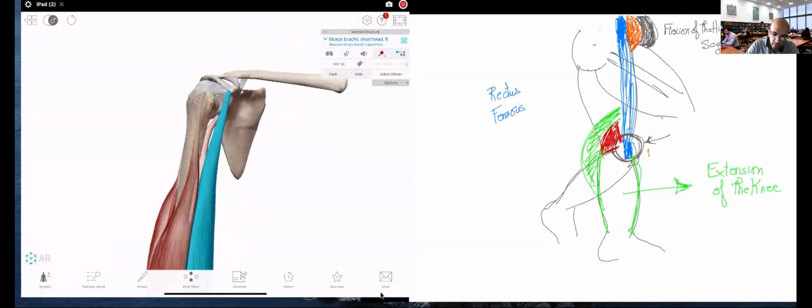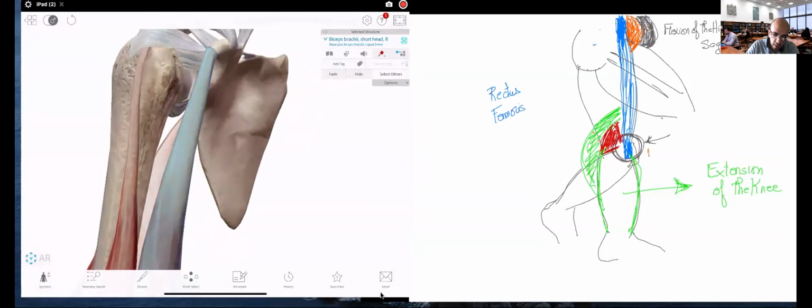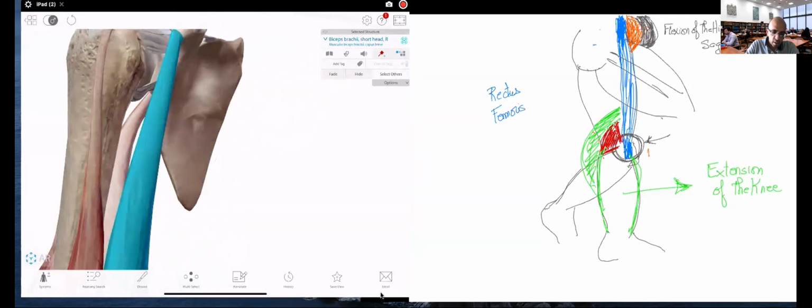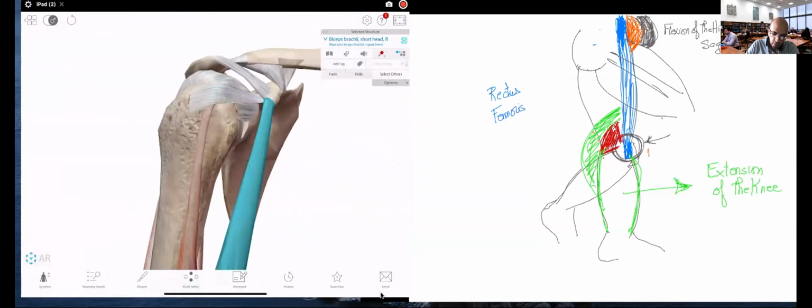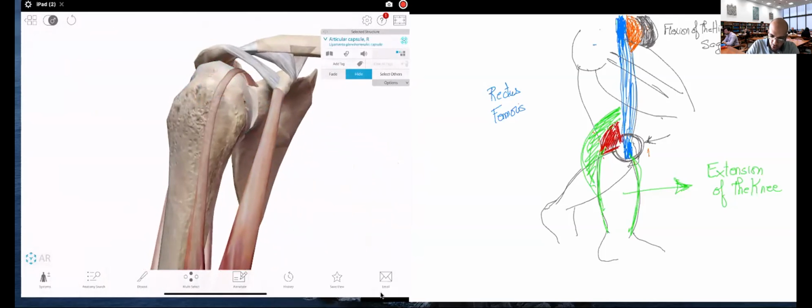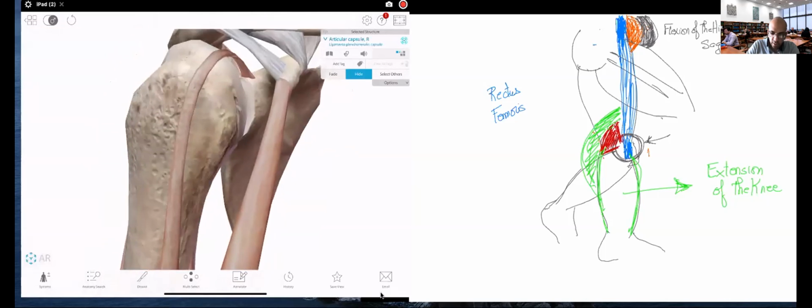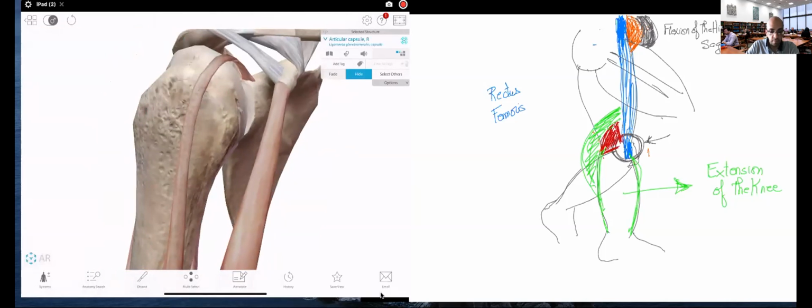A head that gets its origin from my coracoid process, and another head that gets its origin from just above my glenoid cavity.